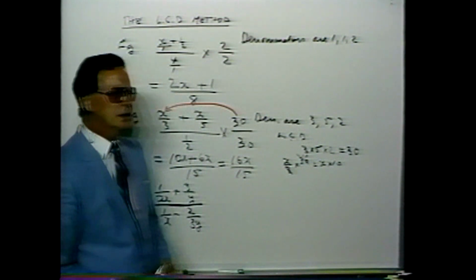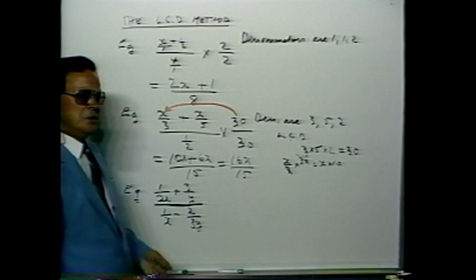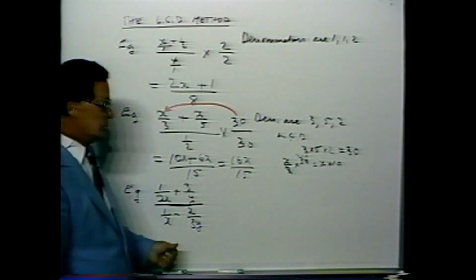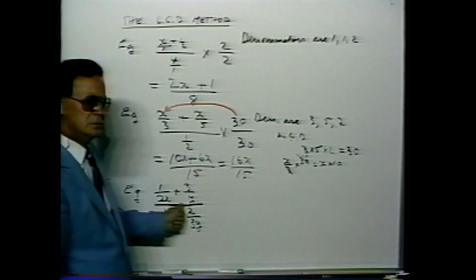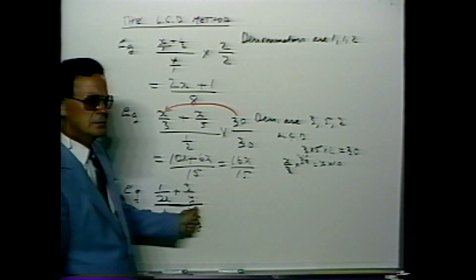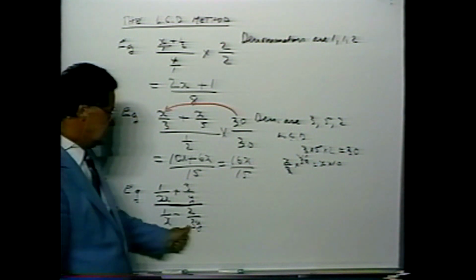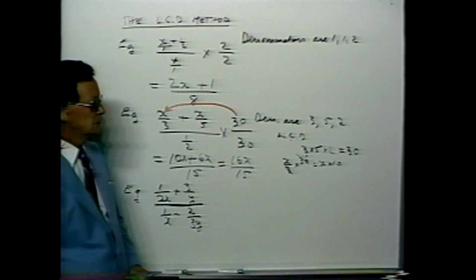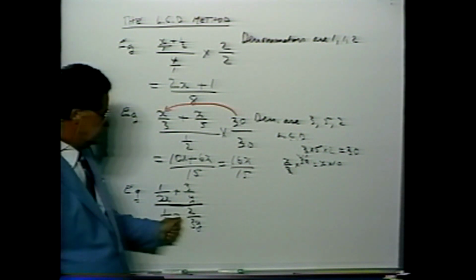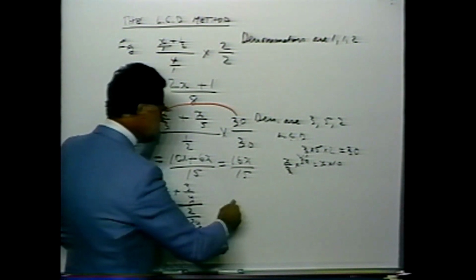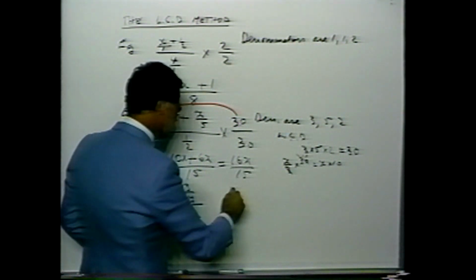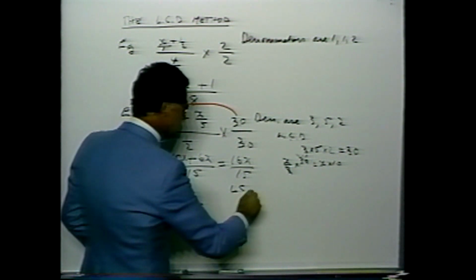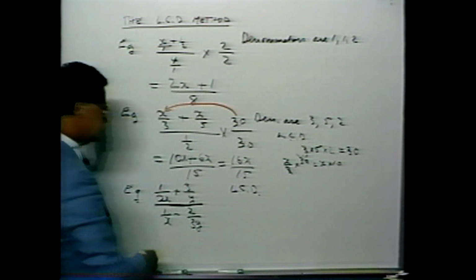We have as the denominators of each term 2x, y, x, and 3y. Those are the denominators. We'll go right to the LCD and not list the denominators separately. We can see what they are.